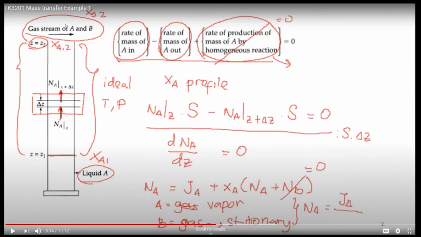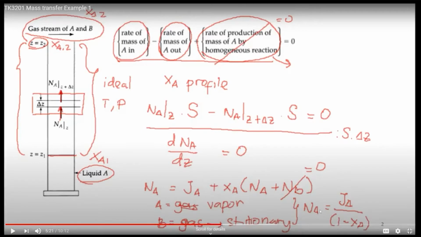If you look at the mole fraction at the liquid vapor interface, we have mole fraction of A as XA1. And in the gas stream of A and B, we have mole fraction of A as XA2. So XA2 and XA1 have different values, and because of that difference it becomes a driving force, and A can move up.